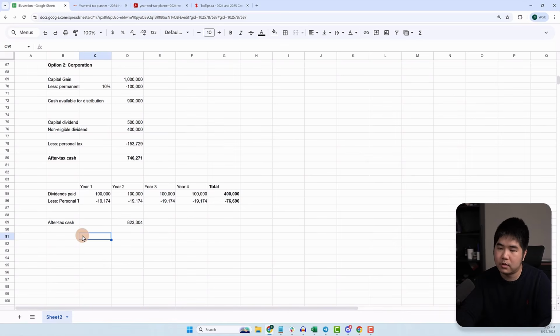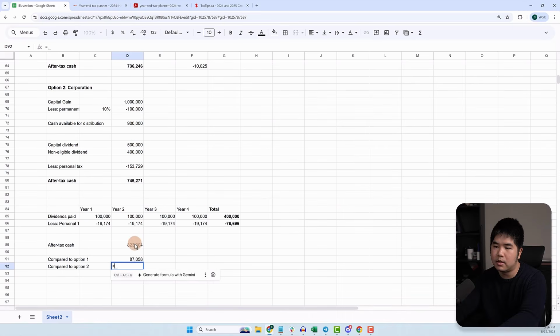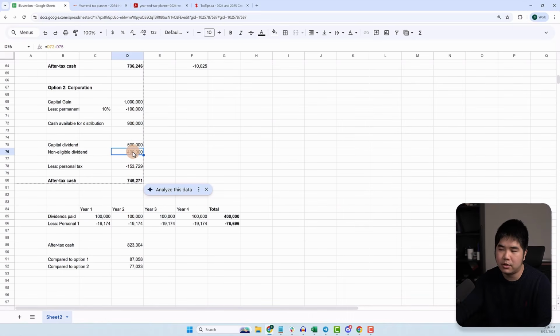So compared to option 1, compared to option 2. Less this, and then less this. As you can see, by spreading this $400,000 over 4 years, because we don't really have to pay all of it at once, we were able to reduce our taxes by $77,000 to $87,000 in taxes, which is amazing.